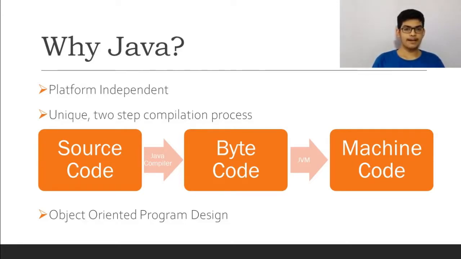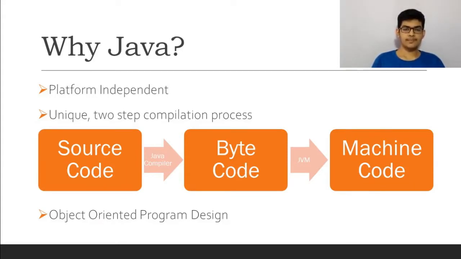First, the Java compiler converts the source code into a unique platform-independent bytecode, which then gets converted into the platform-specific code called the machine code by the Java virtual machine, which is abbreviated as JVM. This unique process of compilation of Java programs enables Java to be a platform-independent language.